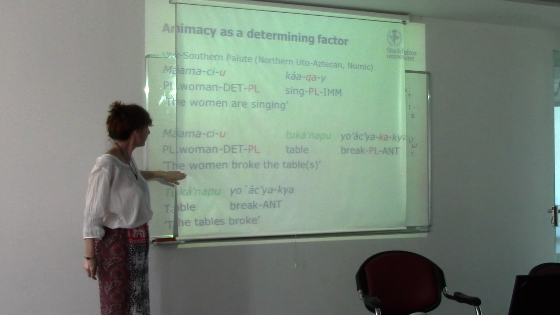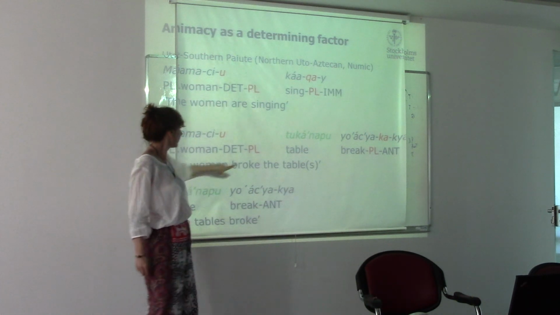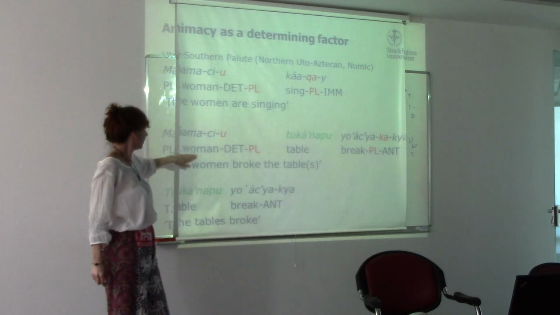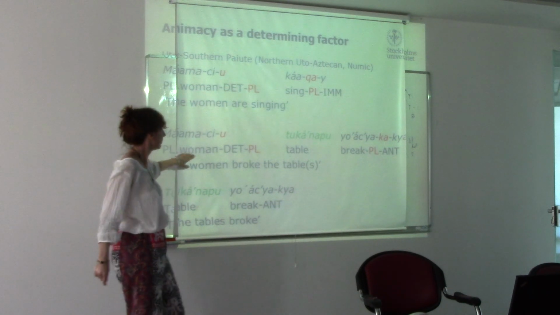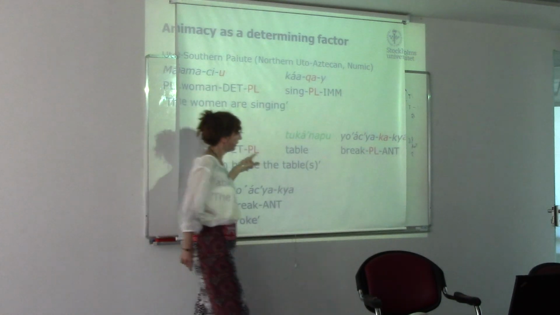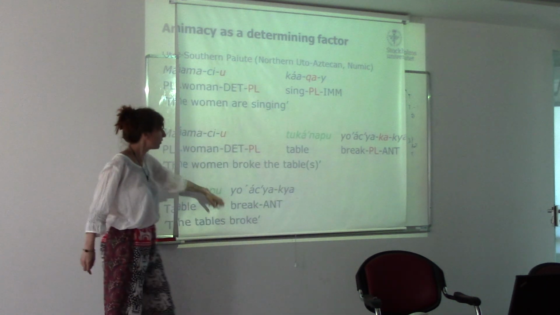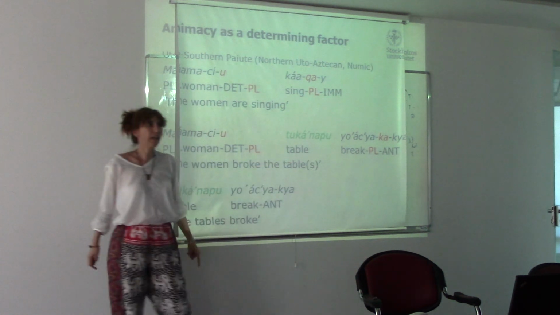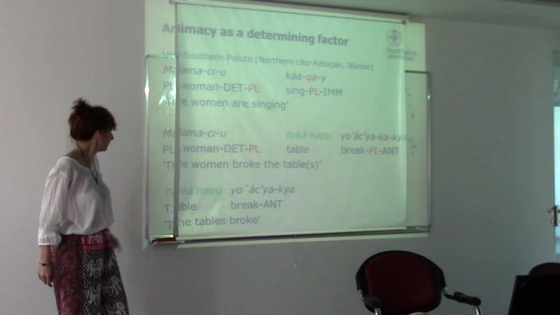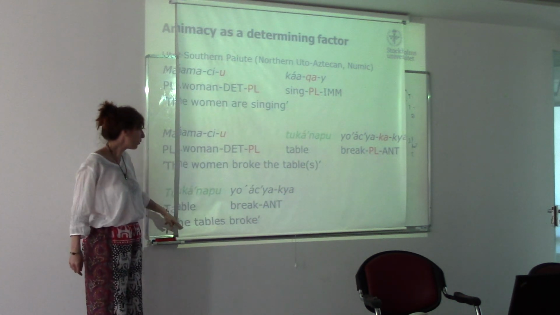In the second sentence, the plural marker appears on woman after the determiner, and then it appears on the verb. The woman broke the tables. There is nothing on the noun table. Right? And the tables broke.